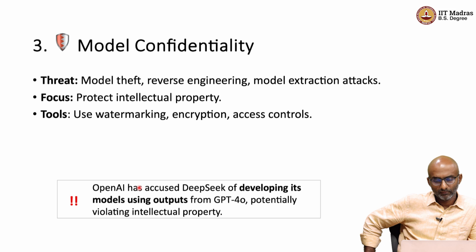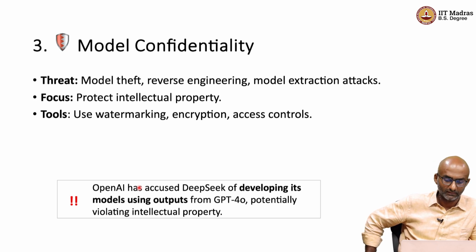So what they did after that was they accused DeepSeek of developing its models using outputs from the GPT-4o model and its variants, therefore potentially violating the terms of use and intellectual property of OpenAI.